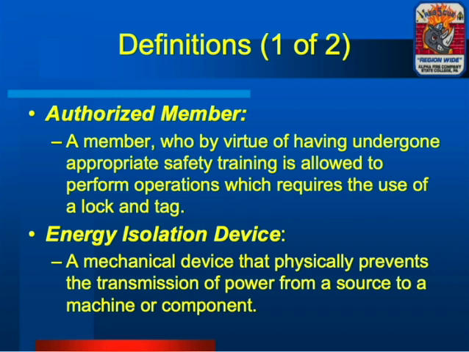An energy isolation device is generally some sort of mechanical device used to shut off the energy flow. This could be something as simple as a switch or a switch lockout. It could also be closing a valve and keeping the valve closed. Truly it's any type of mechanical device placed on the operating equipment, the switch, or in line that is going to limit the flow or transfer of energies.